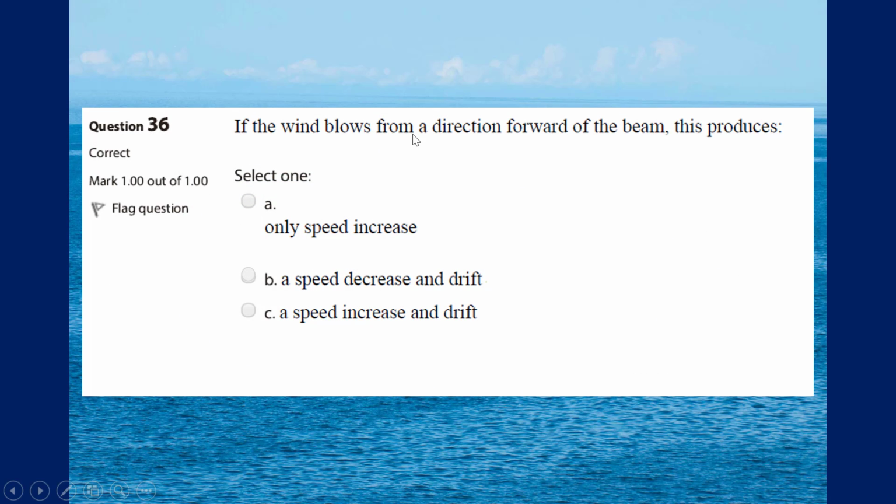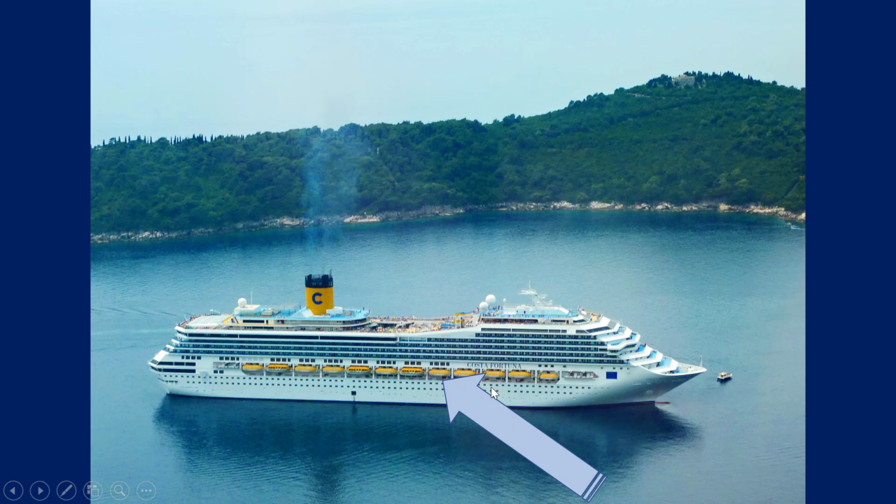If the wind blows from a direction forward of the beam, this produces. Select one. A. Only speed increase. B. A speed decrease and drift. C. A speed increase and drift. So forward of the beam, here we have a real ship, and this arrow indicates the direction of where the wind is blowing from.